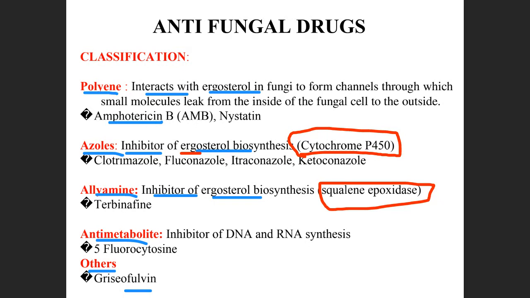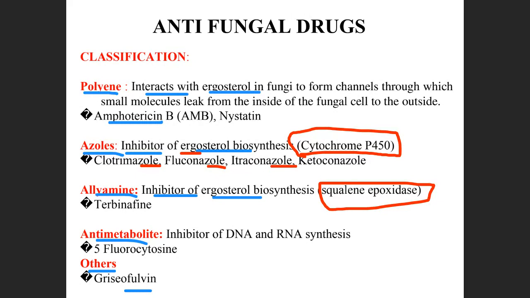For example, azoles are clotrimazole, fluconazole, itraconazole. They have "zole" at the end of the name. These azoles inhibit ergosterol biosynthesis, but which enzyme are they attacking? Cytochrome P450.